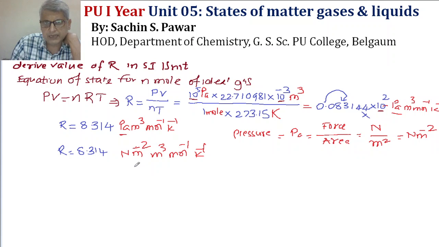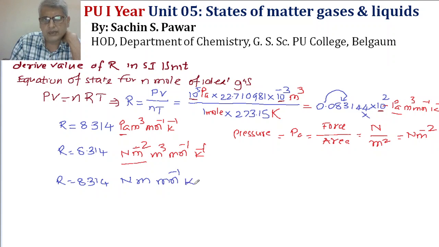I have just replaced Pascal by Newton per meter square. Now meter raised to minus 2 plus 3 gives meter, so R is equal to 8.314 Newton meter per mole per Kelvin.